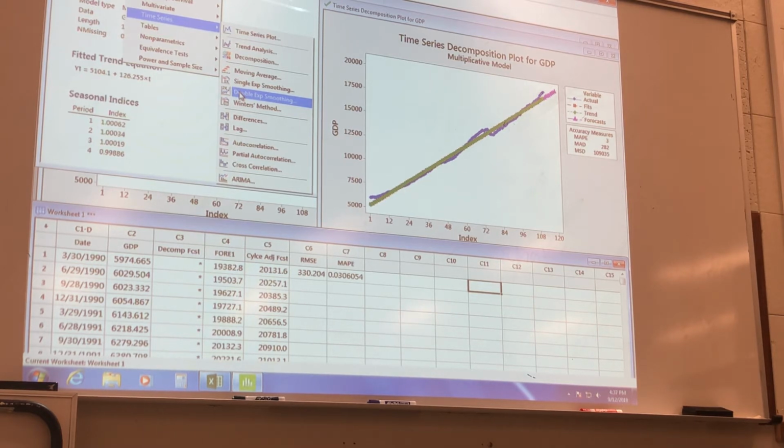Okay, so if you just have cycle and trend, can you pick between double exponential smoothing and Winters method? Double exponential smoothing, unless you have seasonality. If you do not have seasonality, can you pick between the 2? No. So you just say double exponential. If you use Winters, it's going to create seasonality.